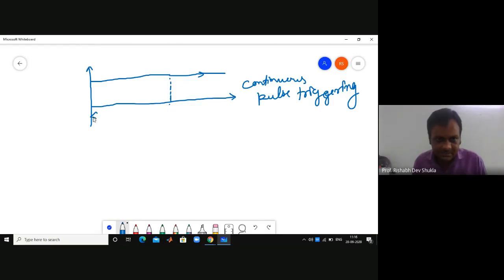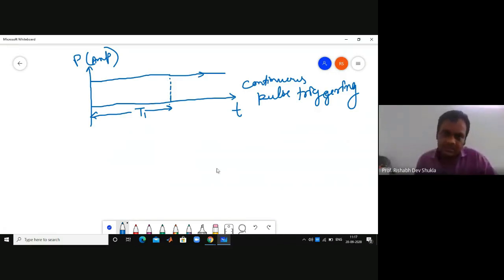If this is your complete cycle, let it be T1. Over this complete cycle you will find the DC voltage, or maybe a control signal, connected in the gate terminal. This is your time T, this is your amplitude. Continuous pulse triggering means a continuous signal is connected in the gate circuit.